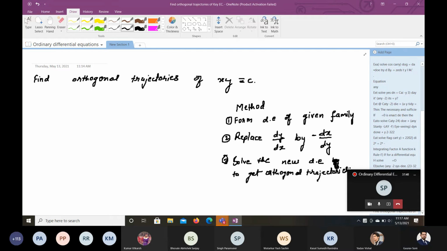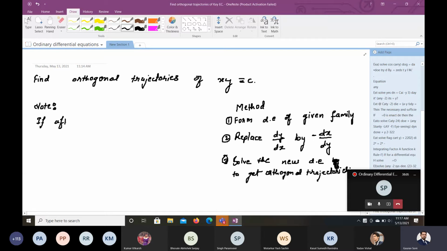Okay. So I will just write down a note over here. I have written the method. If you want, you can note it down somewhere. And this is a very important note, which can come in some MCQ.